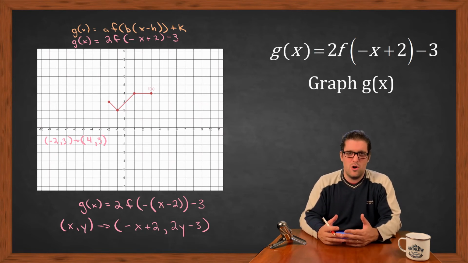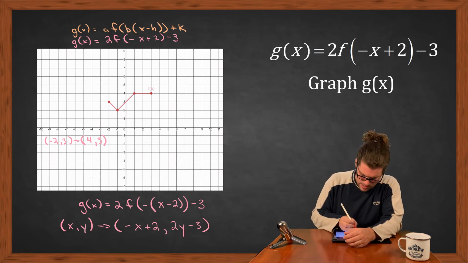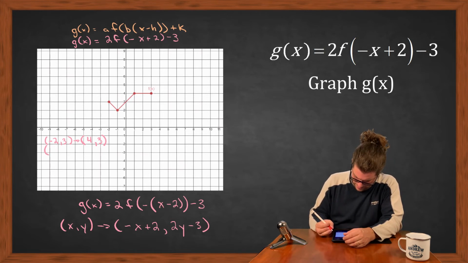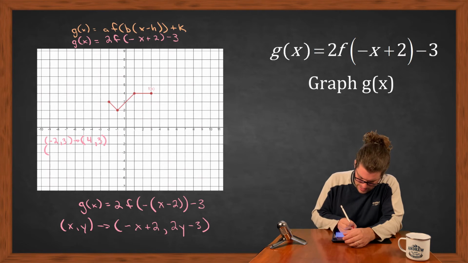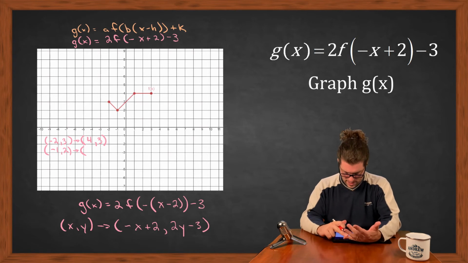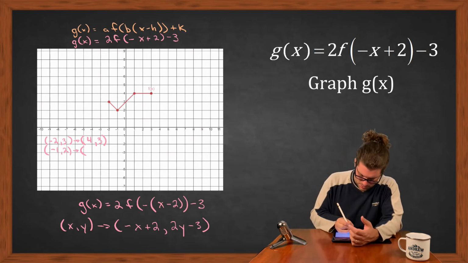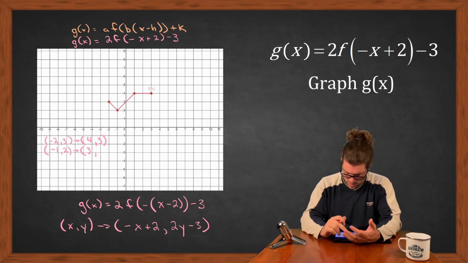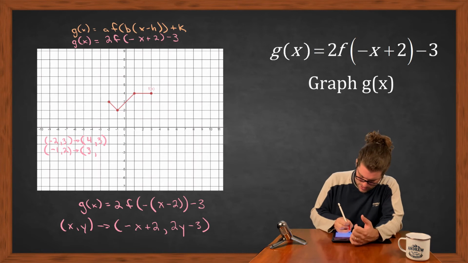I'm going to put them all on after I do the mapping notations. So next up, the next point is at negative 1, comma 2. Following the mapping notation again, negative of the x value, negative 1, is positive 1, plus 2 is 3. And for my y value, 2 times the y value, which is 2 times 2, is 4, minus 3 is 1.